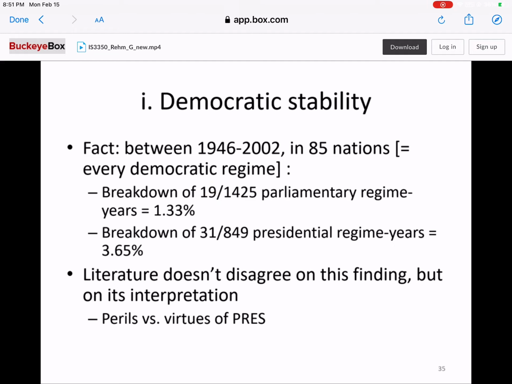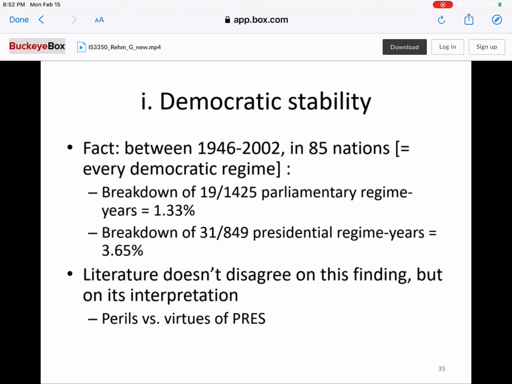However, over the same time period, 31 presidential regime years die, and there are only 849 of them, so that's a much higher percentage. We see that 1.3% of parliamentary regime years die, while that percentage is almost 3 times as high for presidential systems.